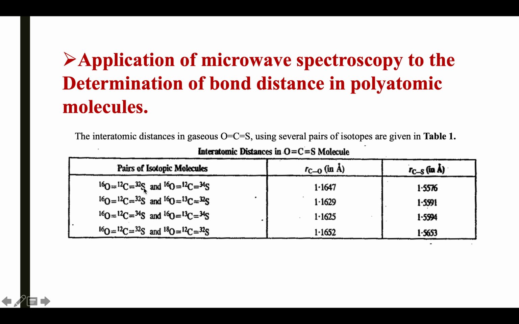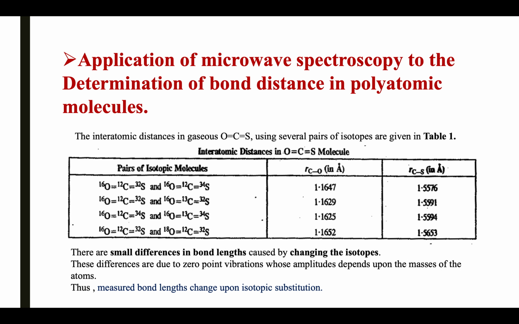So instead of sulfur 32 we have used 34. So like that you can change the isotopes for only carbon, and for only oxygen. So like that you will be having four different types of bond length.